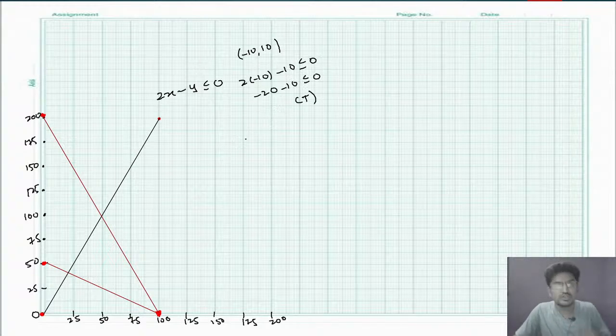So if it is true, then we know that the arrow mark must be towards the second quadrant, because this is the point of the second quadrant. So therefore it is true, it will go towards the second quadrant. Okay.